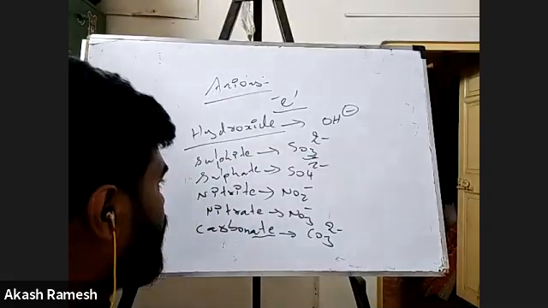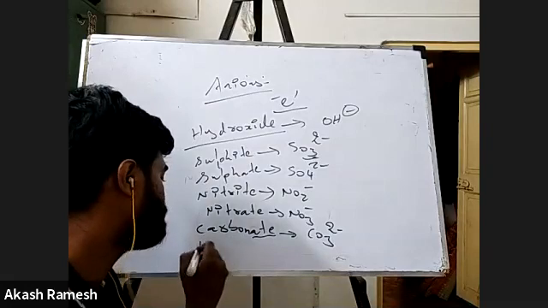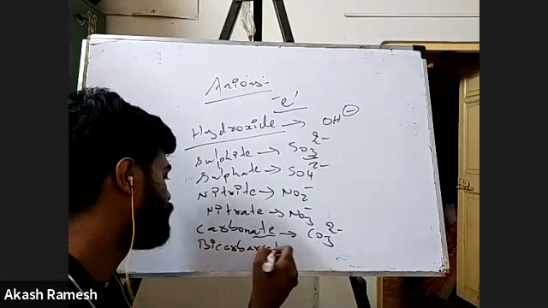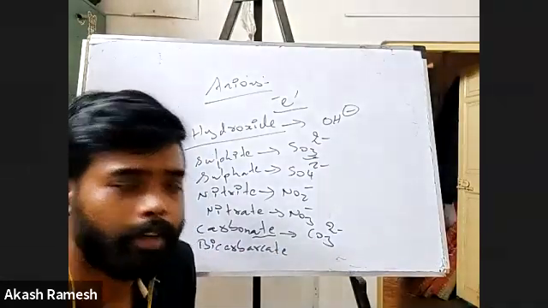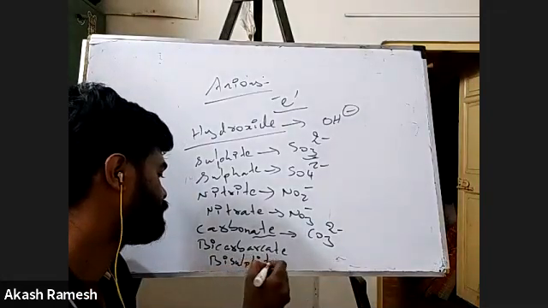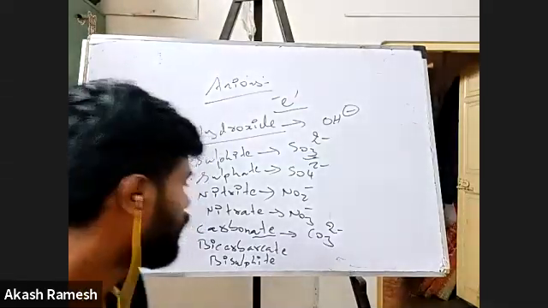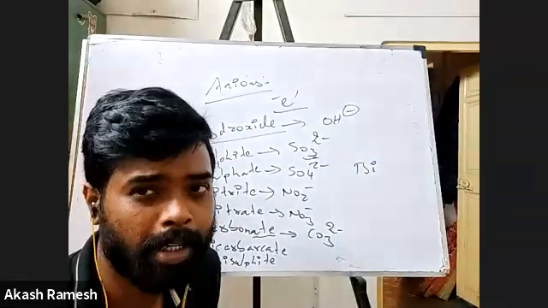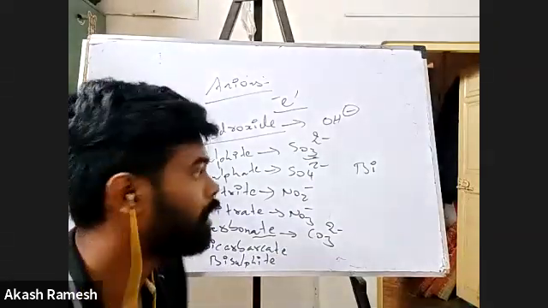Fine. Anything else? There are so many actually. Now you will have bicarbonate. What is this? Even you have bisulfite. There are things like this. What do you mean by this? The moment you see bi, that means you know the other compound, carbonate, right?